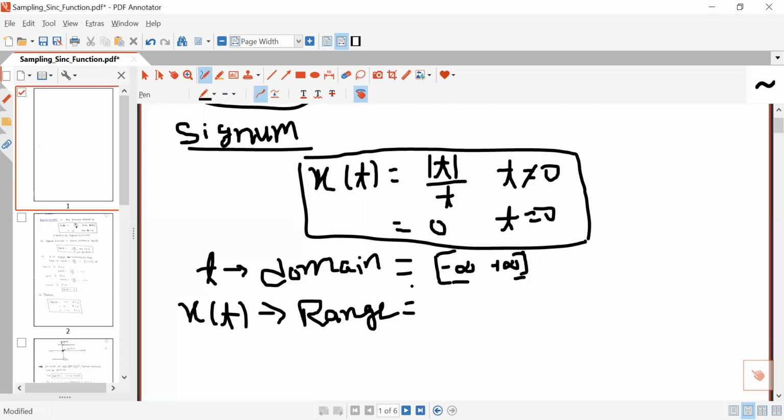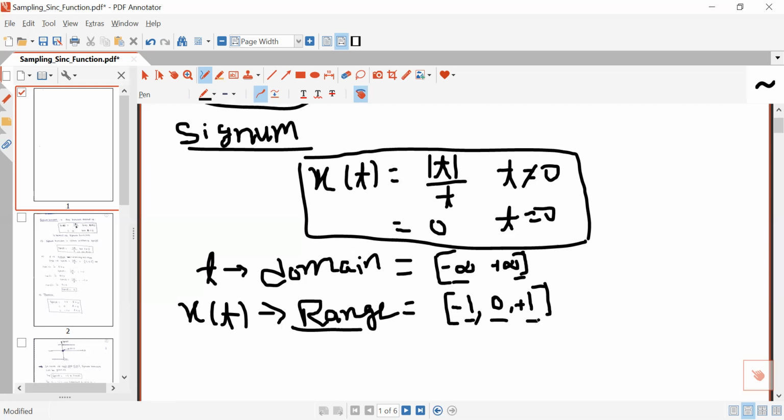Means the range has only 3 discrete values.